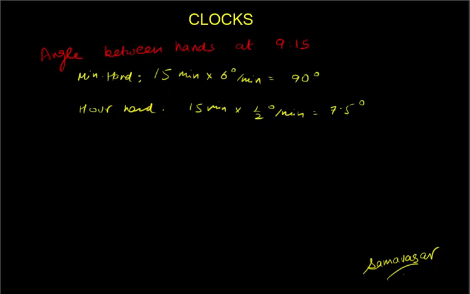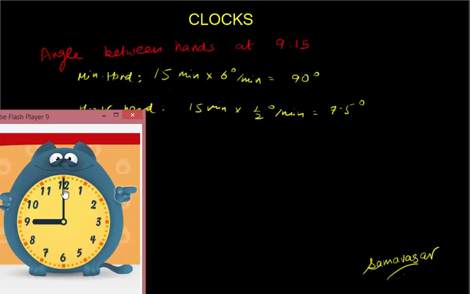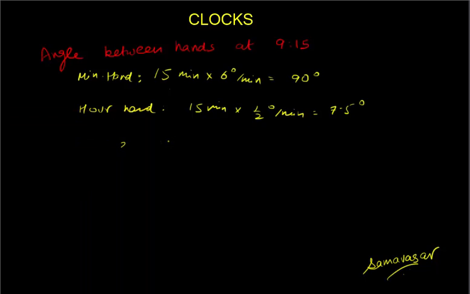Now if you look at the clock again, when your minute hand is moving and reducing the angle that was initially 270, the hour hand at the same time is increasing that angle because it is moving that side. So initially we had 270, out of which the minute hand is reducing the angle by moving 90 degrees, but the hour hand is increasing it because it is moving away from the initial 270 degrees.